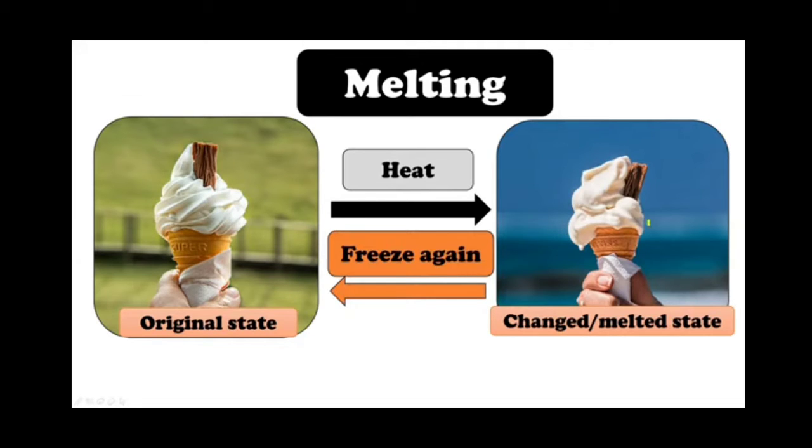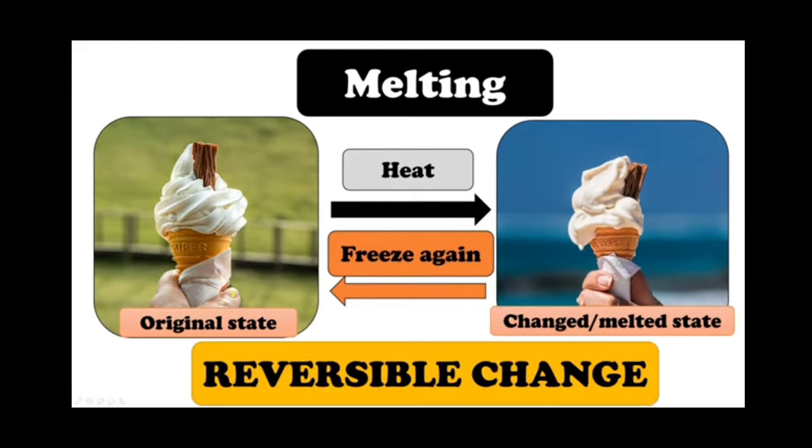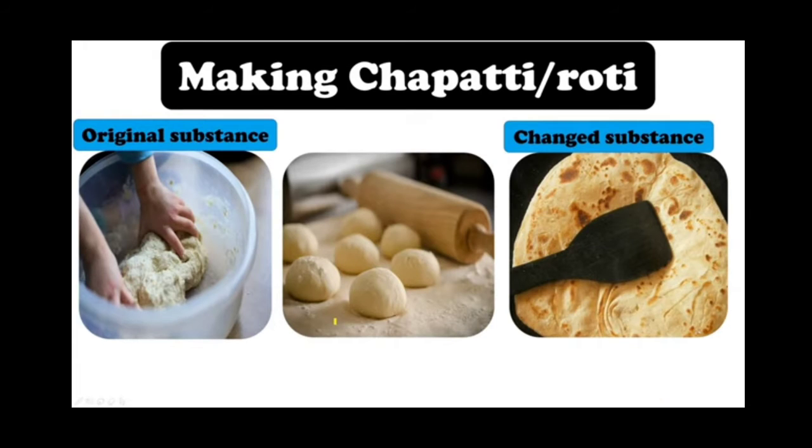Yes, I can. How? We have to freeze that in a freezer or in a refrigerator where it is cold. So I can get this back as the original piece or original state. That is called a reversible change.